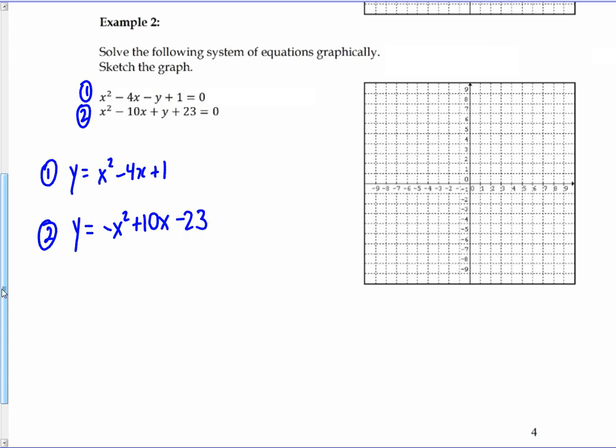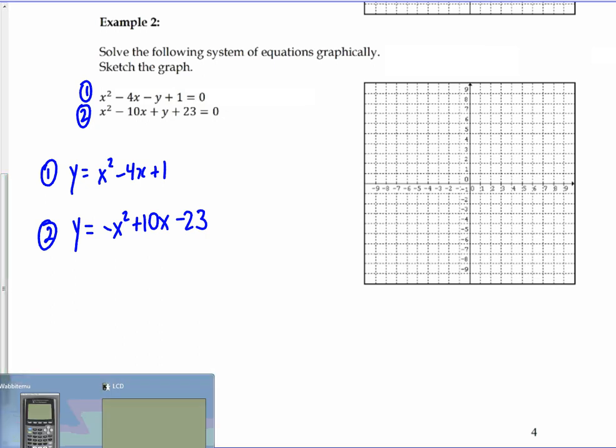Now, just by looking at this, will these regular windows work? For the first equation, probably. What about the second equation? Probably not, because it has a y-intercept of negative 23, but maybe it'll work.